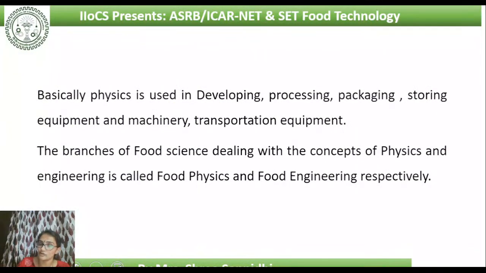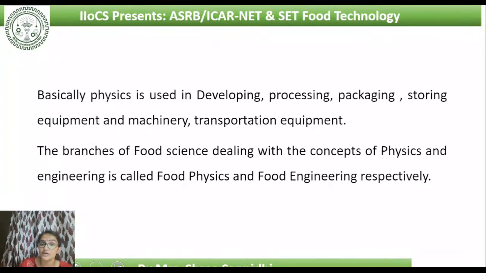Basically, as I told you before, physics is used in every stage of processing, that is developing, processing, packaging, storing, equipment and machinery, transportation equipment, etc. In all the stages, physics is required.